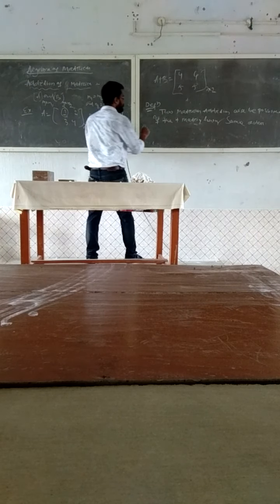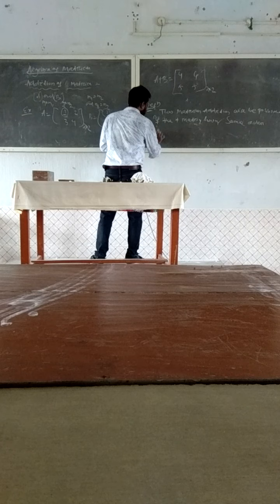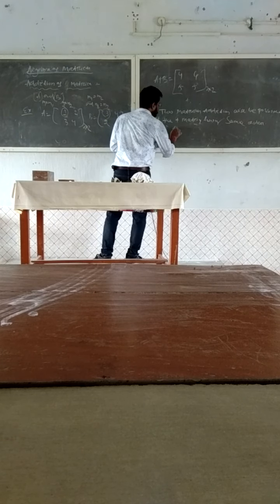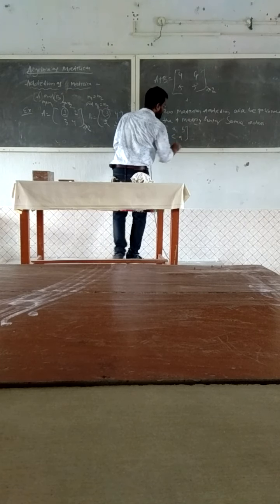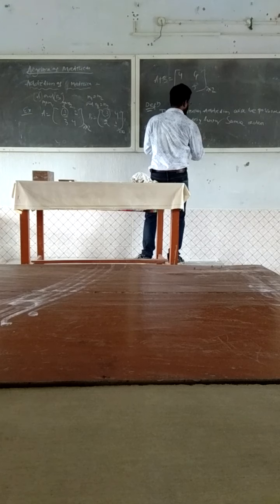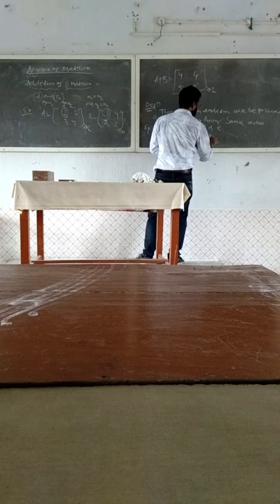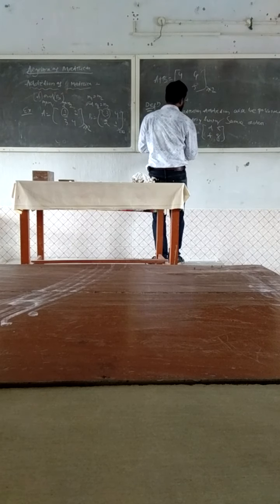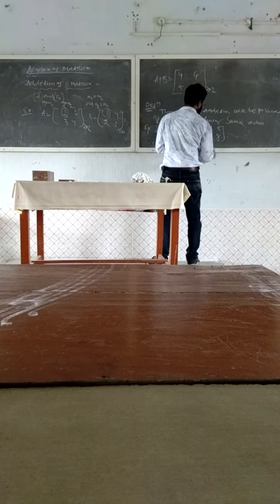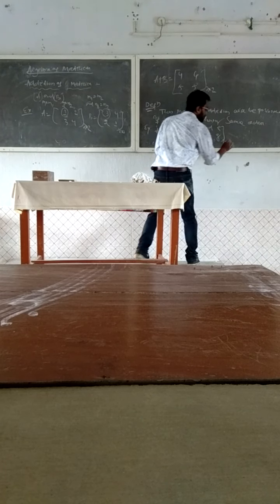We can also take another example. A matrix equals A, B, C, D and B matrix is D, E, F, G. This is a 2 by 2 order matrix, and the B matrix is also a 2 by 2 order matrix.